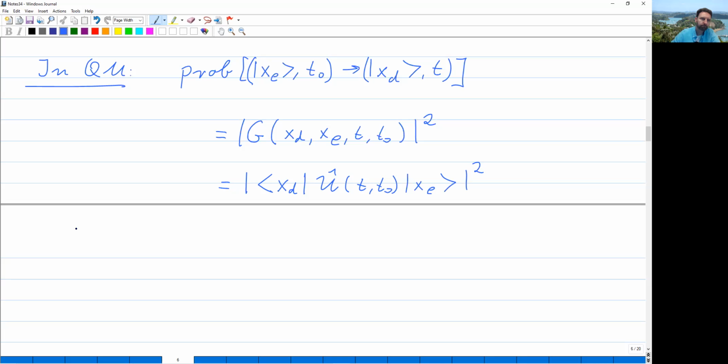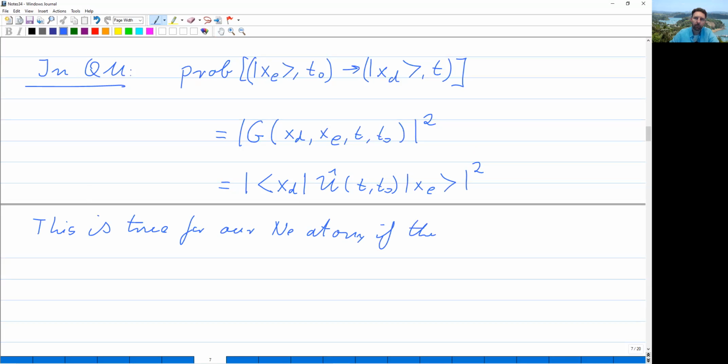So this is true for our neon atom if the box is otherwise empty.